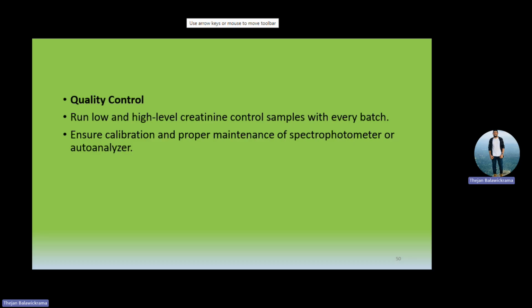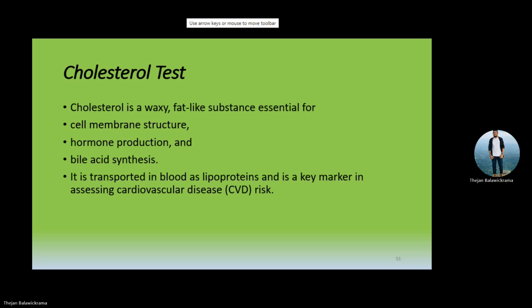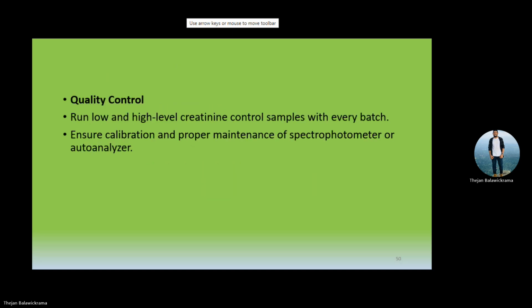When we have both extremes, it is easy for us to figure out where the patient's blood samples are lying. The spectrophotometer has to be properly calibrated as usual. This is how we do the creatinine test.